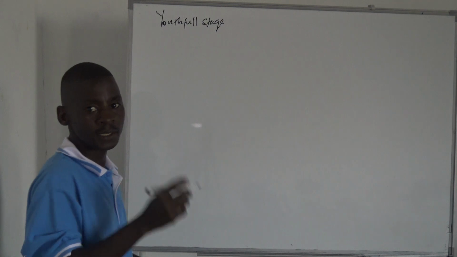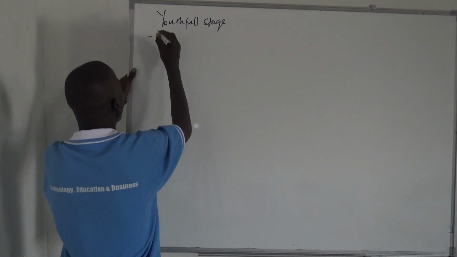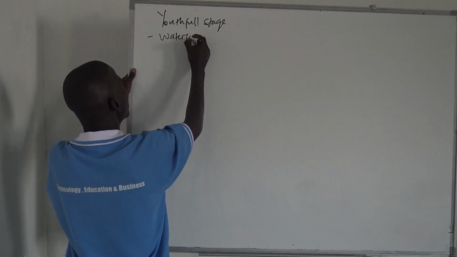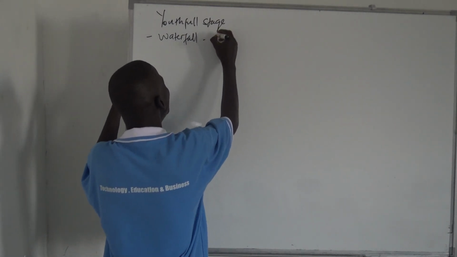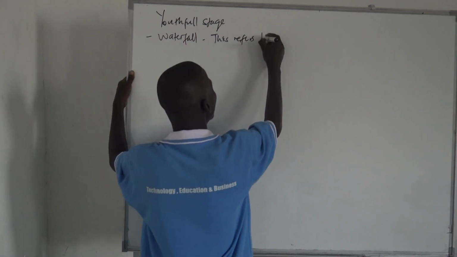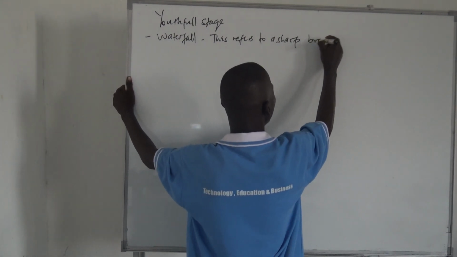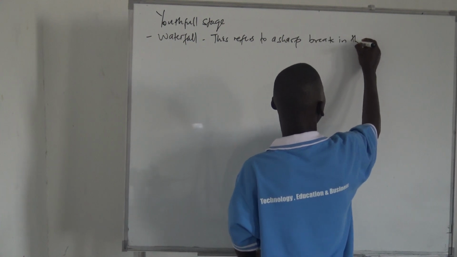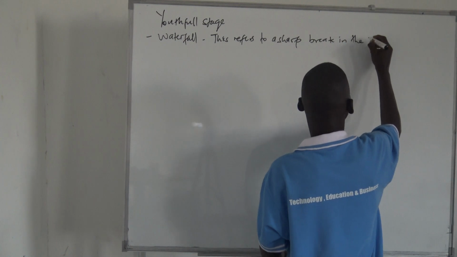The youthful what? Stage. The first thing to find in the youthful stage is a waterfall. The word waterfall refers to a sharp break in the gradient of an area.